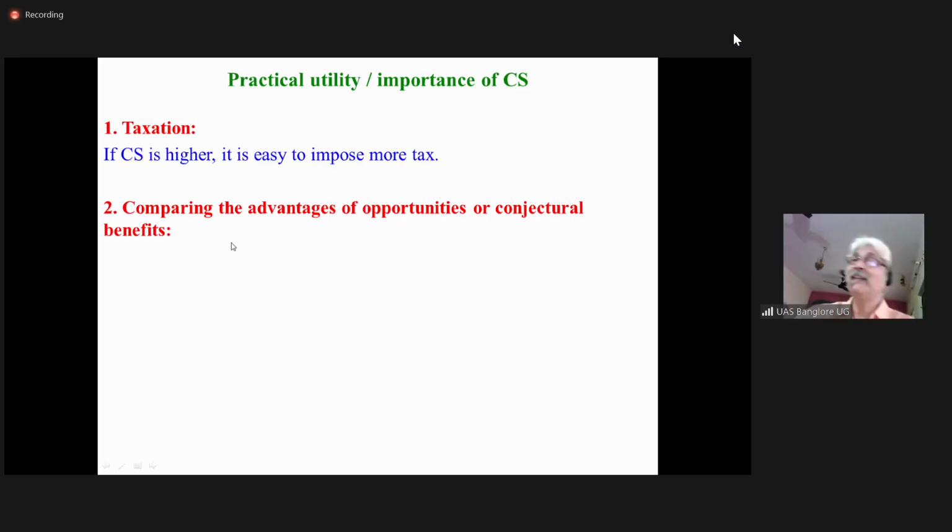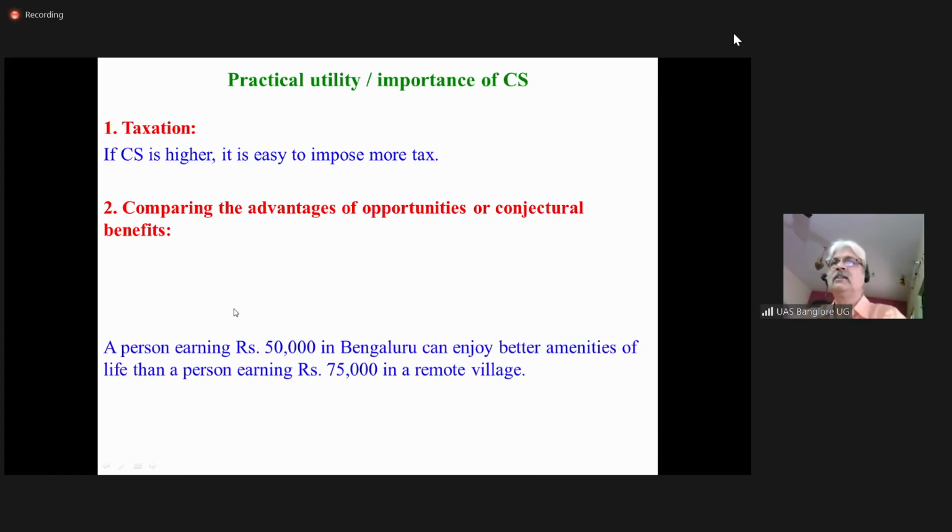Okay. Comparing the advantages of opportunities or conjectural benefits. What it means is, you are living in Bangalore. Suppose you are staying in Bangalore today, and there is a possibility you can live in a remote village in Karnataka. I'll give that example here.